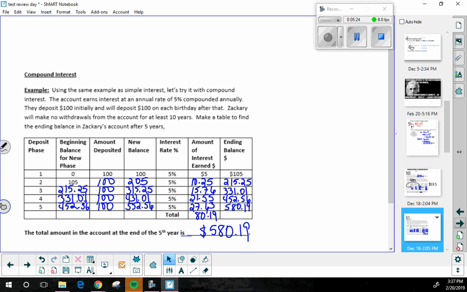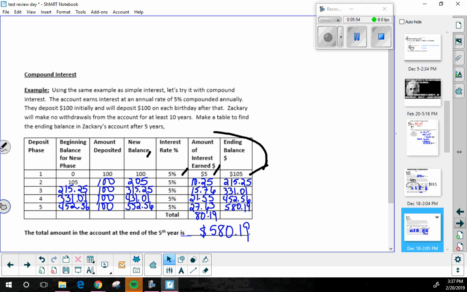And so for this one, because the charts that you're going to get on your test all have the same rows, I would add an extra column here so that I could add the interest back to the principal and get a total amount right here. So again, just to refresh your memory, you start with nothing, we're adding 100, so now my balance is 100, the interest rate's 5%, 5% of 100 is $5. Now the balance that I'm going to get interest on is 105.